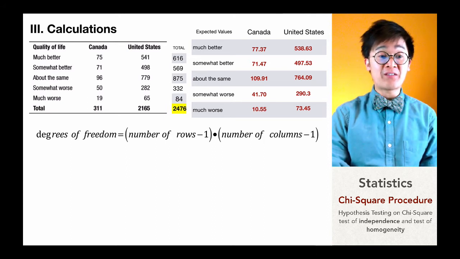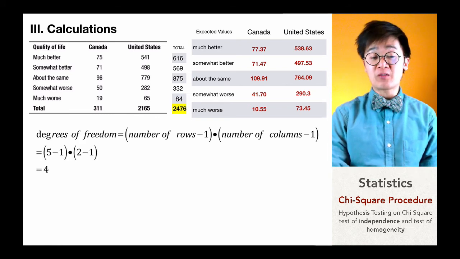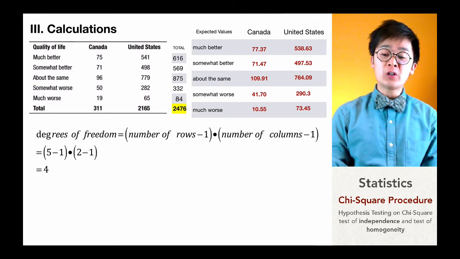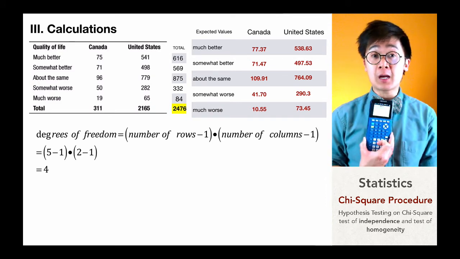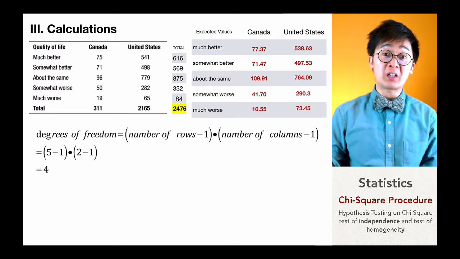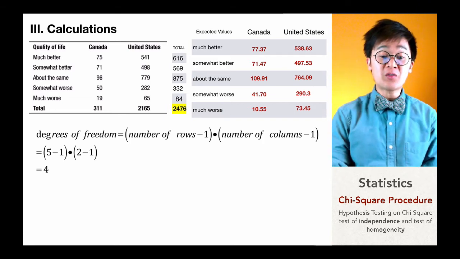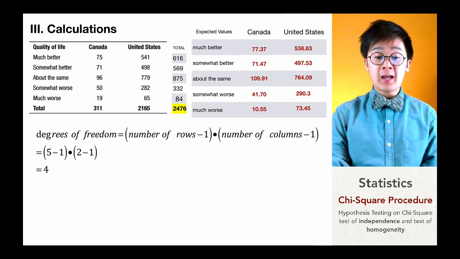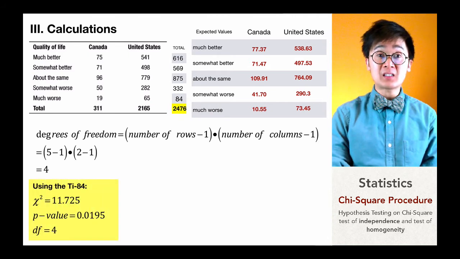So in this case we have 5 rows, so 5 minus 1, and 2 columns, so 2 minus 1, and multiply them and you will get 4 as the degrees of freedom, which is also here in your calculator, but sometimes on some of the tests you are asked to compute for the degrees of freedom for chi-square. So that is the formula for finding the degrees of freedom, and our test statistic and p-value are as follows. So the chi-square is already generated by our calculator as well as the p-value.